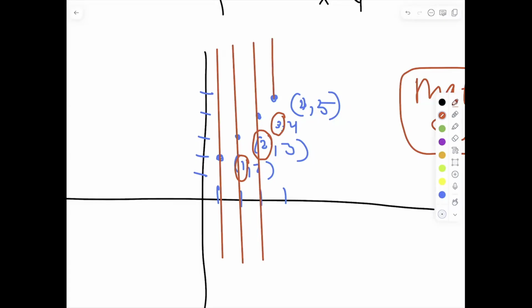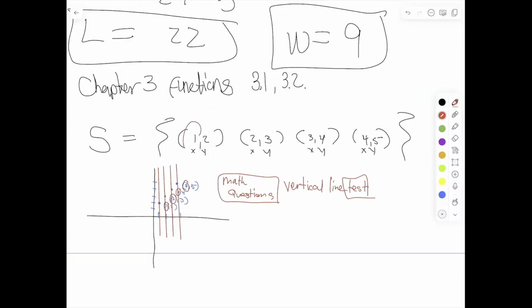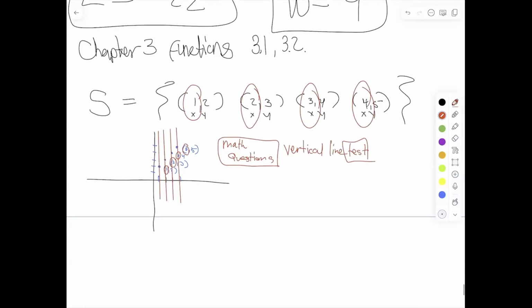I'm going to do a vertical line test at (4, 5). How many times did I touch that X value? Once. All these X values are being touched once. Do any of these values for X repeat? No. This is a function. Okay.